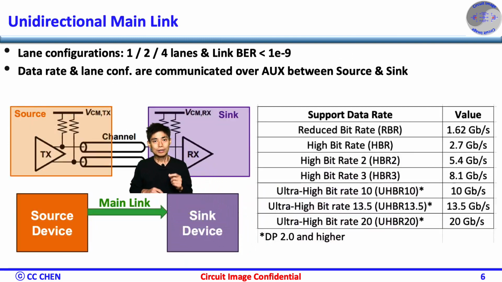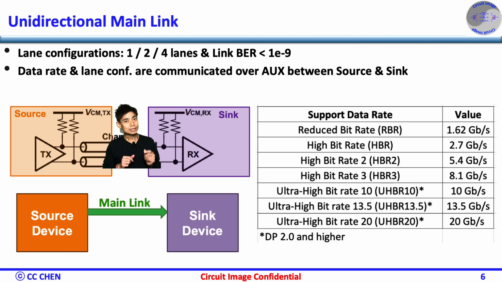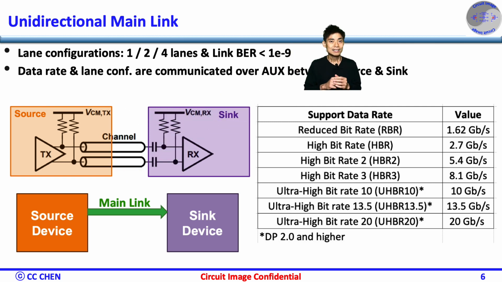First of all, for the unidirectional link, we call the transmitter a source device and the receiver a sink device. Second, since video and audio information has lots of tolerance, a link bit error rate of less than 1E-9 is good enough.